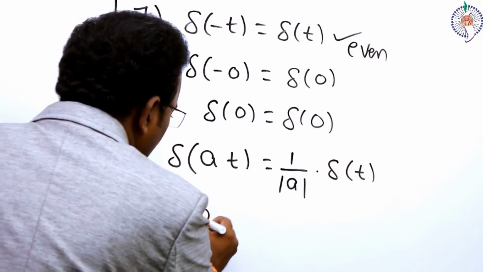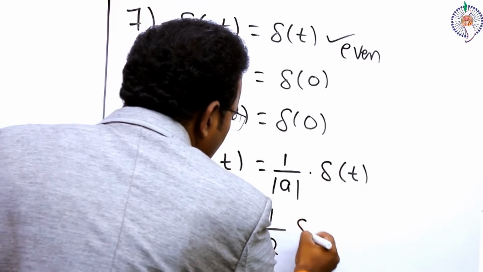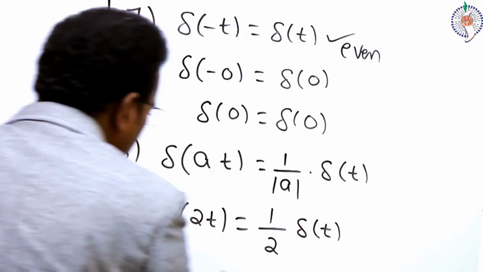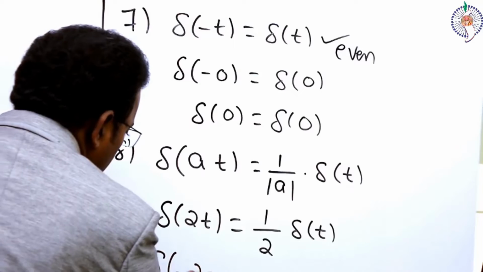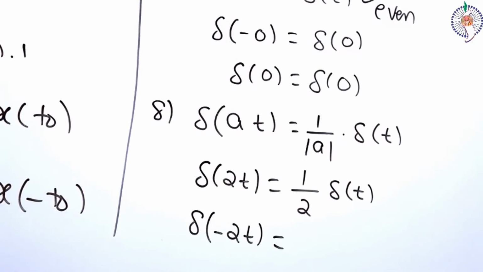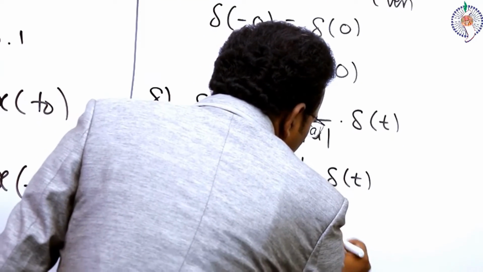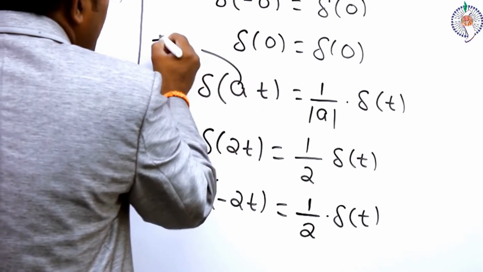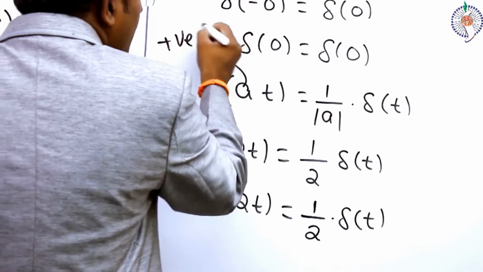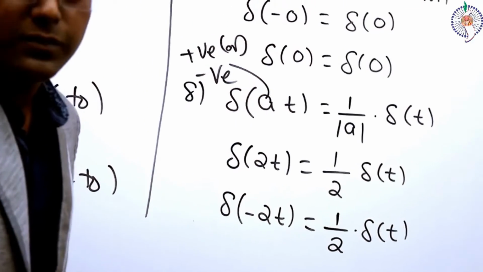Suppose I have delta of 2t, its value is 1 by mod 2, that is 1 by 2, into delta of t. Suppose you have minus 2t, 1 by mod minus 2, of course mod minus 2 means 2, so 1 by 2 into delta of t. So that's why I said here a may be positive or negative. The result will never change.